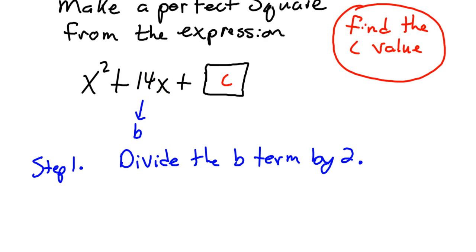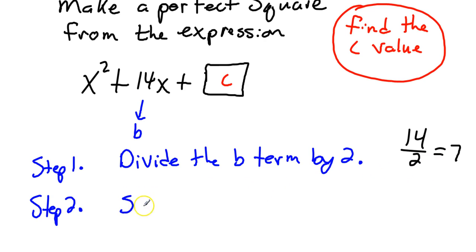So for this problem, we would take 14 and divide it by 2 to get 7. Step 2, you just square the answer from step 1.